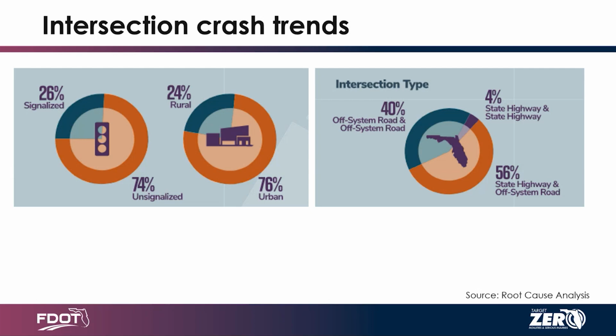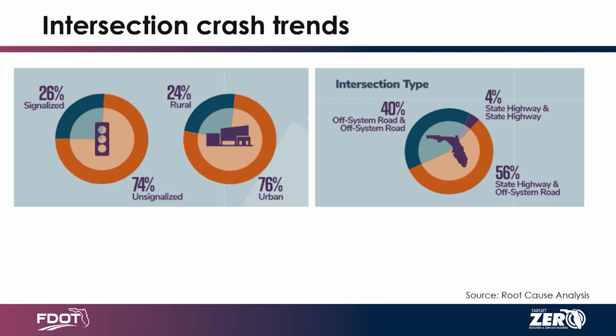And then thinking through the intersections on the state road, there's a lot of different types of intersections. You'll have a state highway intersecting a state highway road, or a state highway with an off-system road. And so in terms of intersection types, a majority of the crashes are with the state highway intersecting an off-system road. 40% are an off-system road and off-system road, so just statewide.